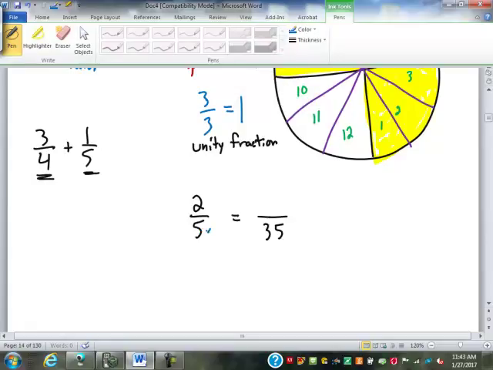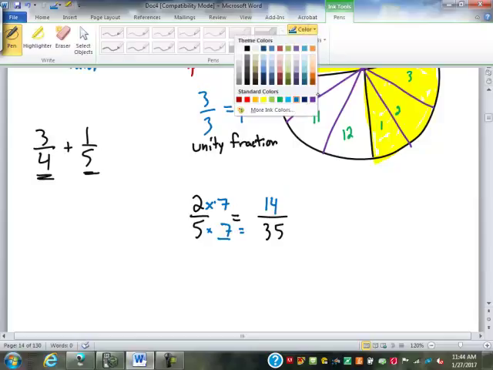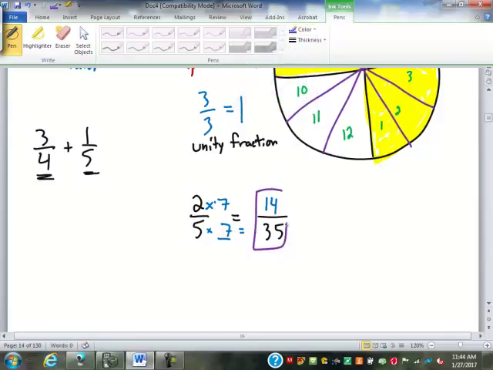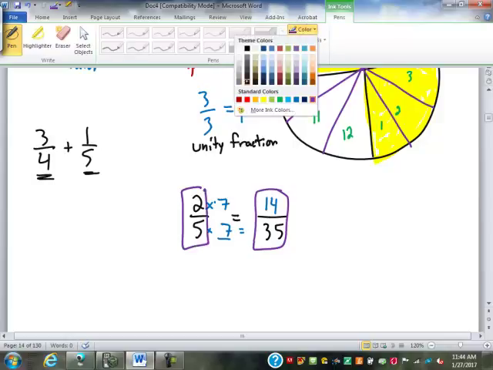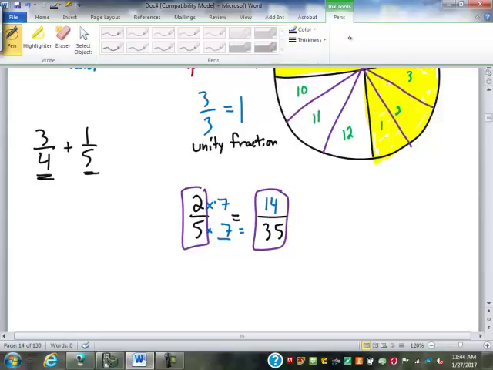We have to look at what we multiply 5 by to get 35. 7. Good. So what do we have to do to the 2? Multiply by 7. We have to do the exact same thing to the top as we do to the bottom. So 2 times 7 makes 14. Again, 14/35 is the exact same value as 2/5. We've just changed the appearance.